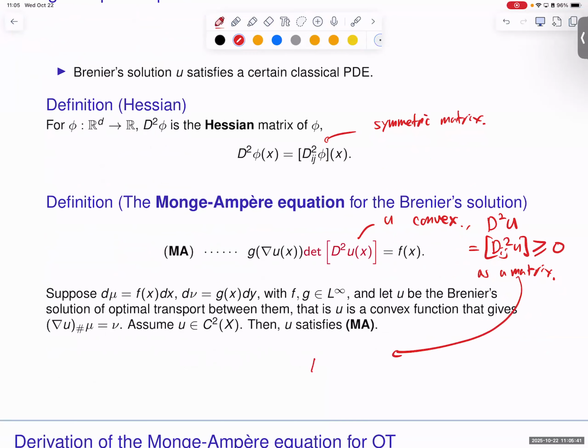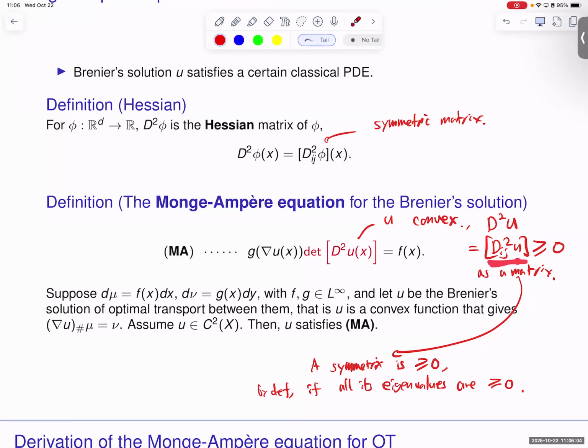A symmetric matrix is non-negative, by definition, if all its eigenvalues are non-negative. Of course you can then take the determinant of this, so this quantity is non-negative.